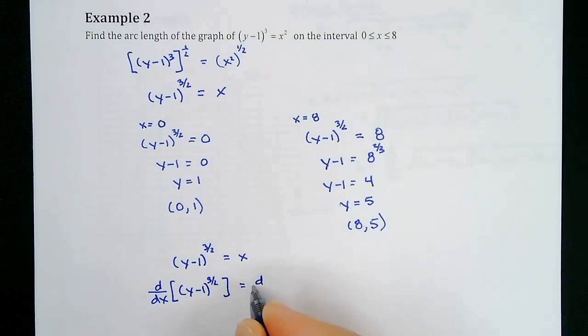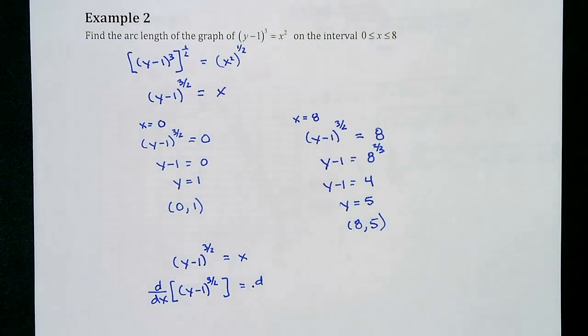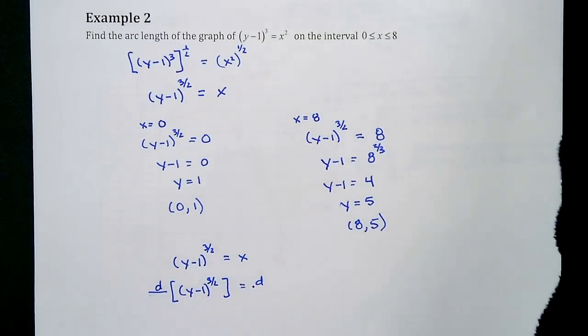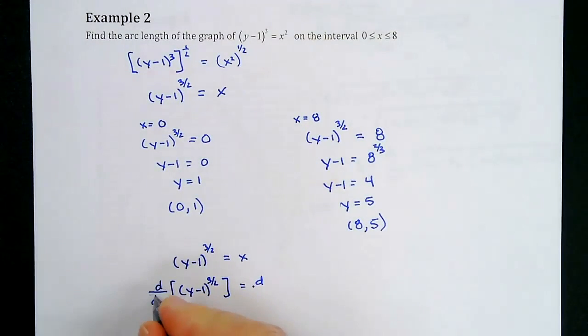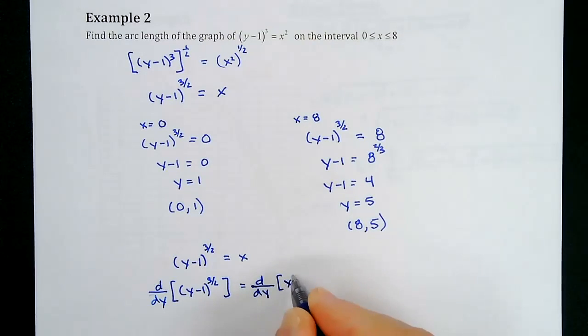I wrote x out of habit, so I need to switch this to y. So this needs to be dy, and this is the derivative with respect to y of x.